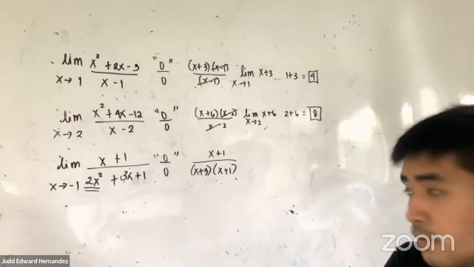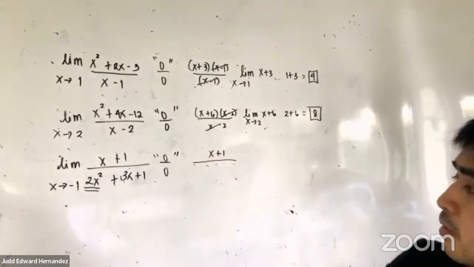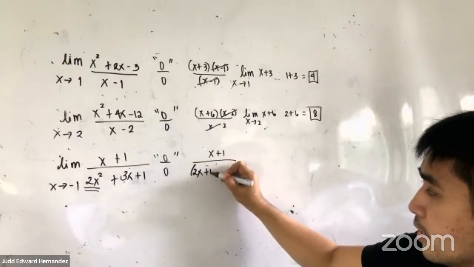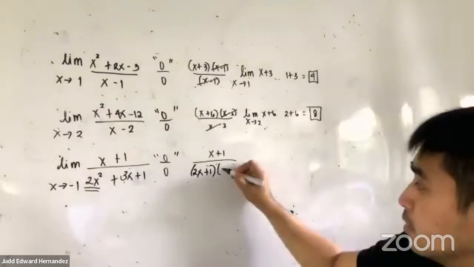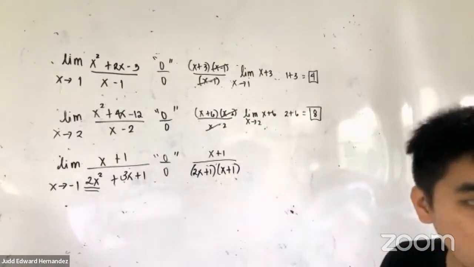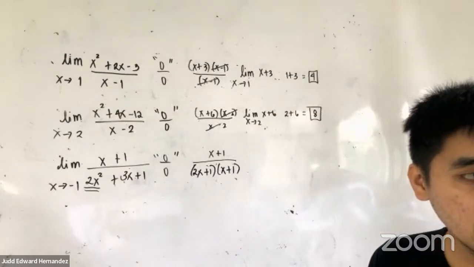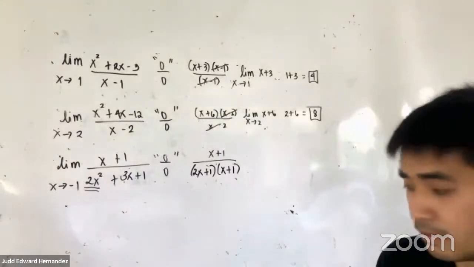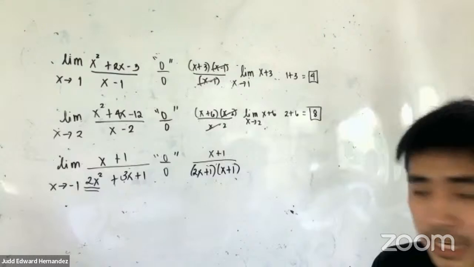X plus 1 po sa taas, then 2x plus 1, tapos po x. Ano po? Yung isa po ay 2x plus 1 at yung isa ay x plus 1. Did you get the same factor po sa denominator natin? Could you please check? Do you have the same factor po, sa iba po na nag-try?